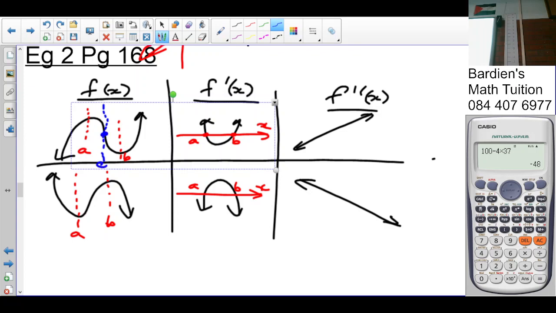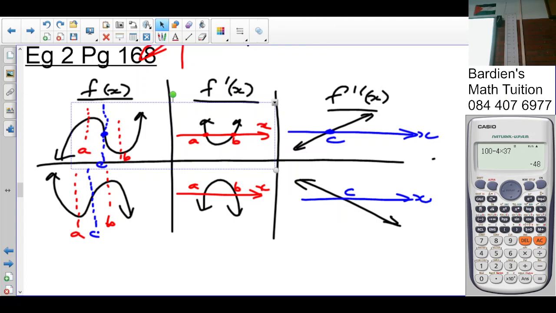So that is C, which is your axis of symmetry, but importantly your straight line will cut your x-axis at that x value of C. Can you see that, people? And the same thing there. If this is your C, this will be your axis of symmetry, but this will be that point.